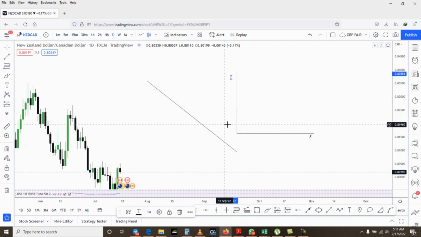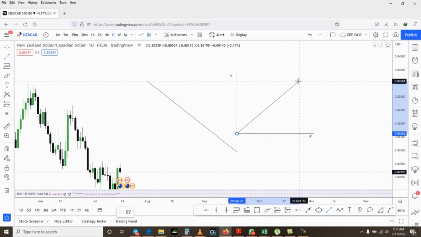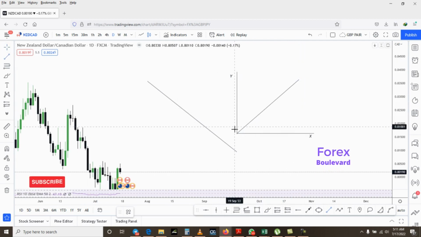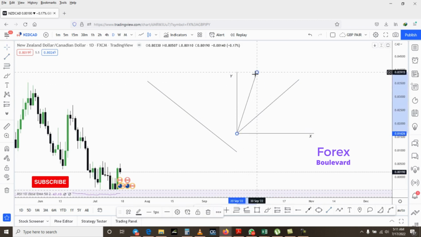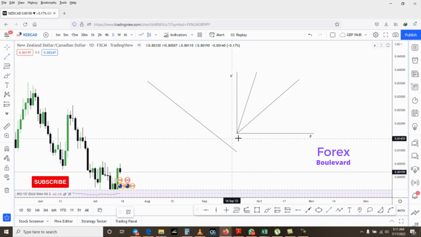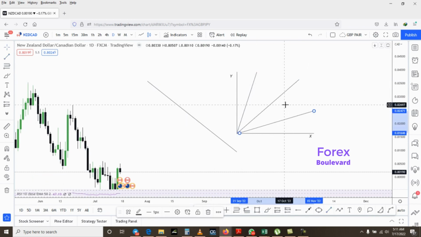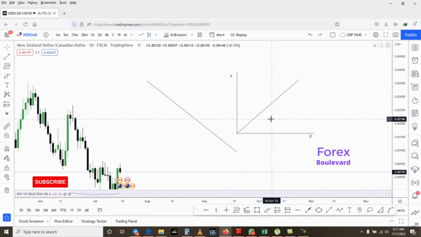Now in between a vertical line and a horizontal line, we have a diagonal line that can come in many degrees, and many more can be drawn in between, but these are just the primary ones.